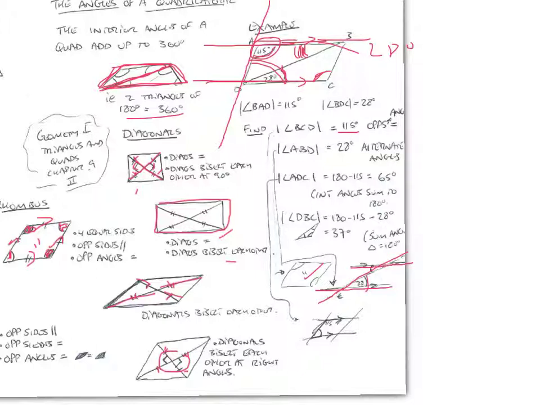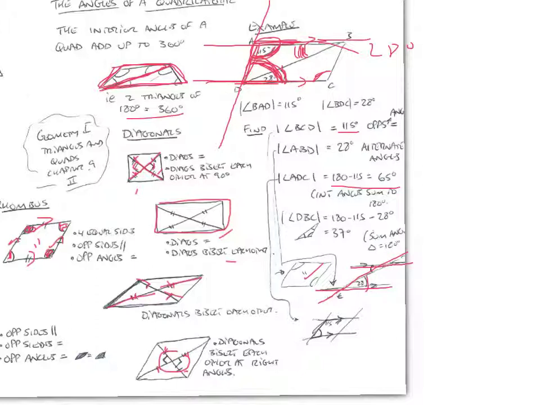So if we look for our C shape, we can see that if this is 115, then this plus ADC must be 180, because interior angles add up to 180. So using that, we say 180 minus 115 gives us ADC. All of this is 65. Okay, all of that angle is 65.